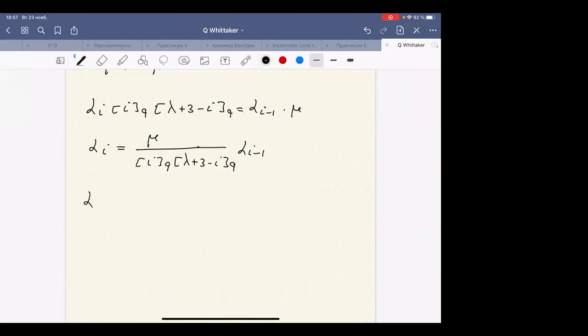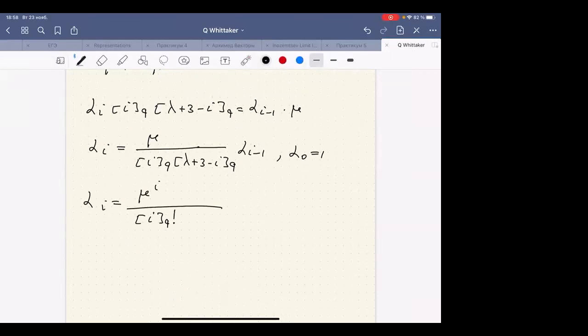And then we impose the condition that alpha 0 is 1, and then alpha i is equal to mu to the power i over q factorial.